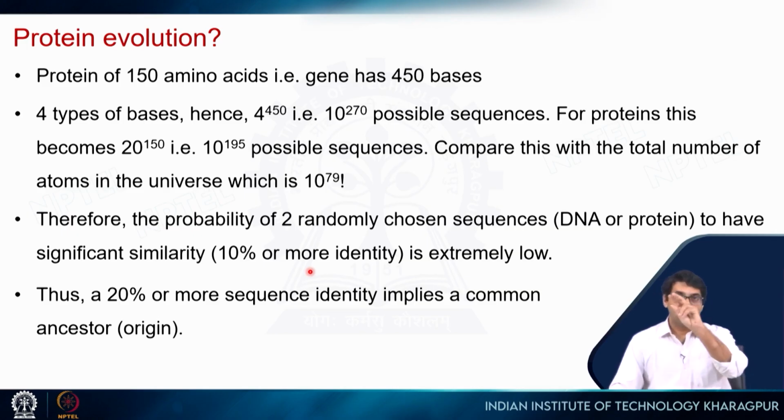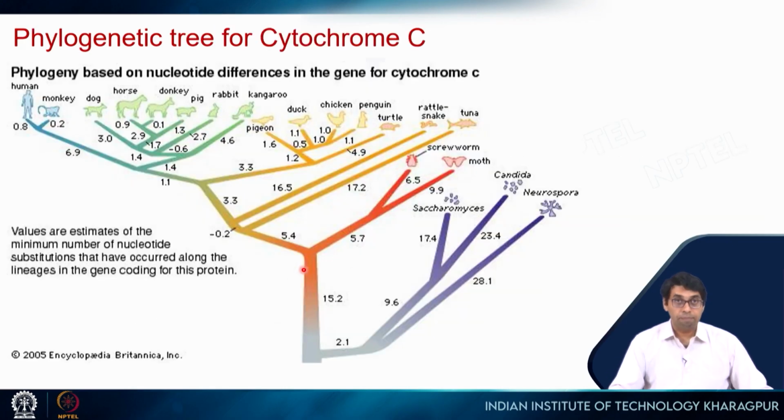So, there was some common protein in the past and then it diverged, accumulated mutations, and then after several million years, we are looking at these two proteins and the sequence identity between those two proteins is 10% or 20%, then you know that these two proteins originated from the same common ancestor. So, this is something that we use for creating something called a phylogenetic tree and also measuring time in the past. So, evolutionary time.